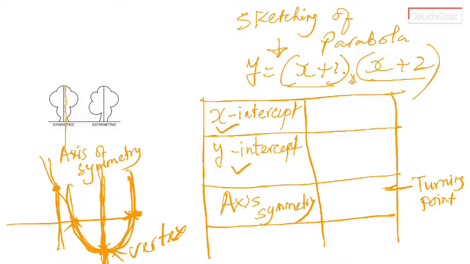to complete the parabola sketching. Once we have the axis of symmetry, then it becomes a little bit involved algebra, because we have the equation y equals x plus 1 times x plus 2, and from there, if we find the x value and substitute, that gives me the y value at that point.